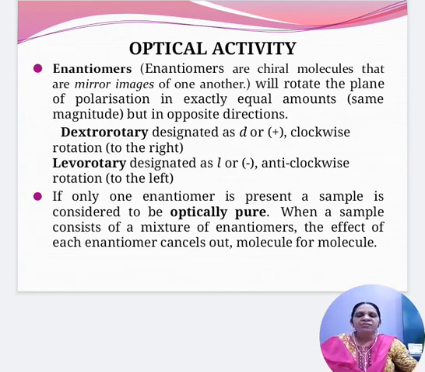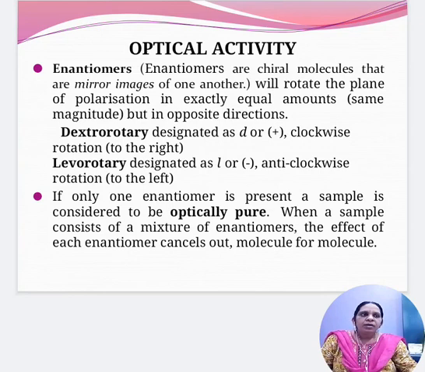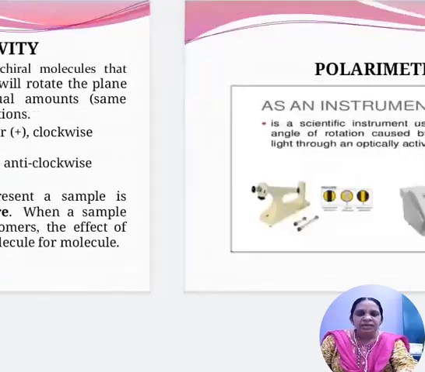So you are going to measure the optical activity of the sample present. This depends upon the nature of the molecules. It is a unique characteristic of a molecule. Each molecule has its own optical activity.